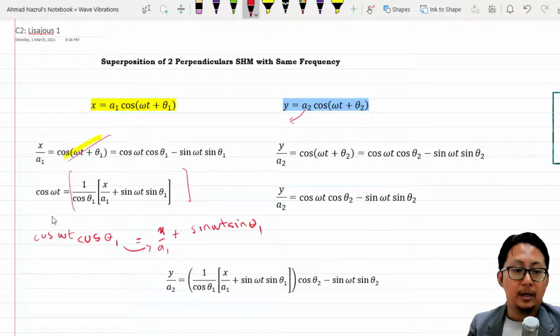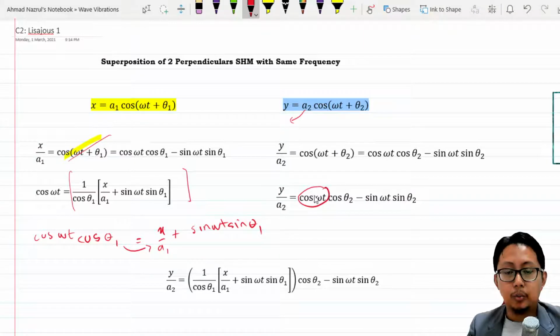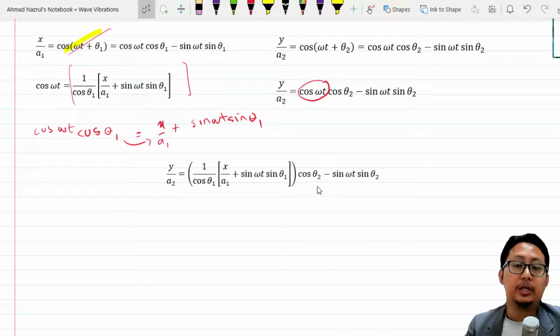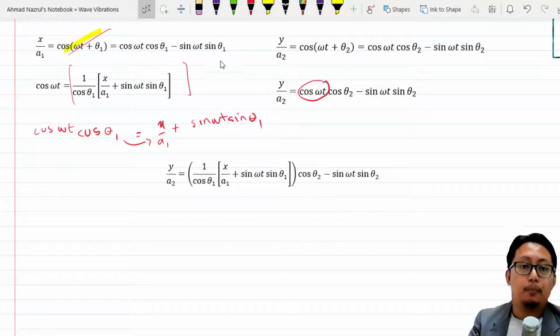We replace this cos omega t, so then we have y over A2 equal to 1 over cos theta 1 times x over A1 plus sin omega t sin theta 1, times cos theta 2, minus sin omega t sin theta 2.